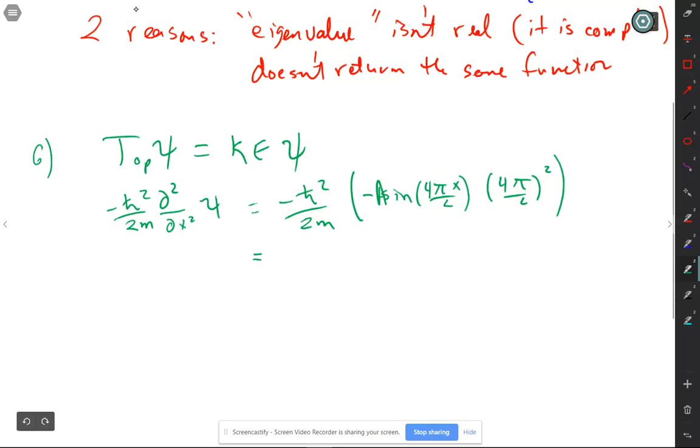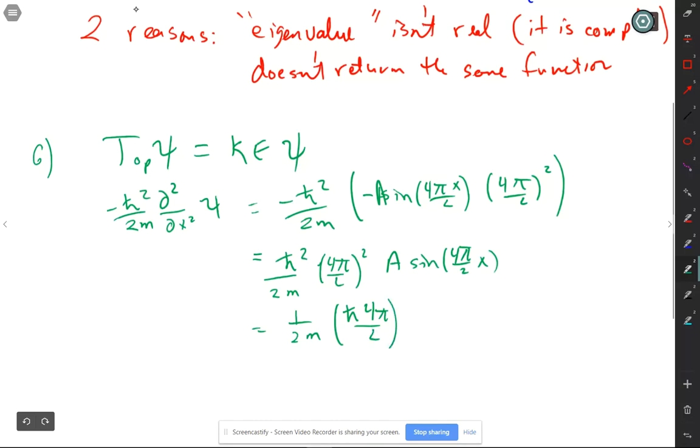So I'm going to have, is equal to minus, and a minus makes a plus, h bar squared over 2m times 4 pi over L quantity squared times A sine of 4 pi x over L, which is 1 over 2m, parentheses, h bar 4 pi over L, quantity squared, psi. So what's our kinetic energy then? It must be, by matching up, that's the kinetic energy.